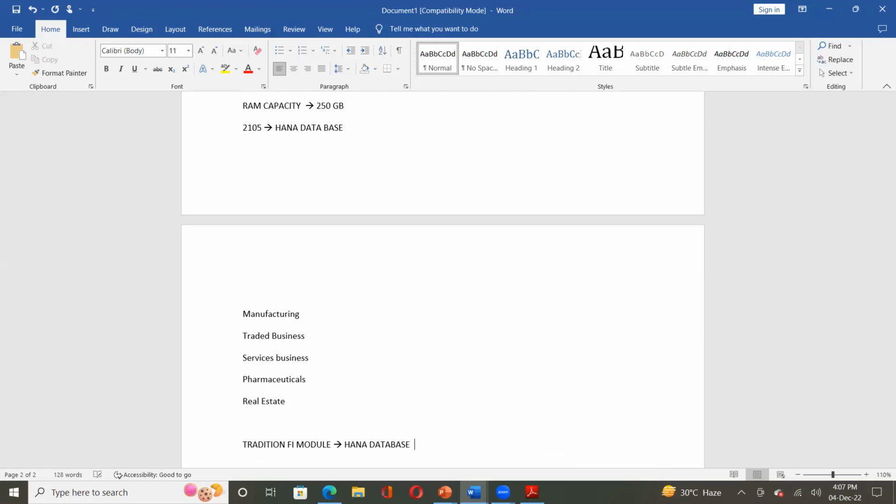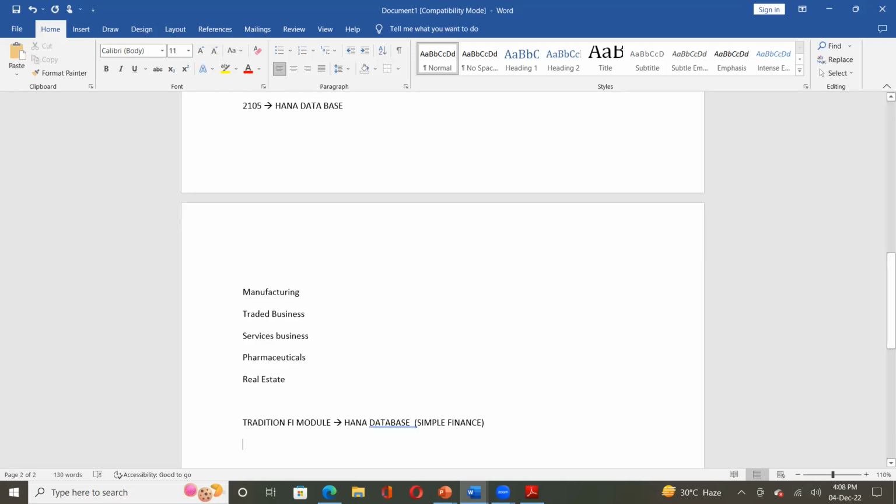Then we called it simple finance. Sometimes we still call it simple finance only. After FI moved, the other modules also moved in 2015 from the traditional database to the HANA database. So here, S4.